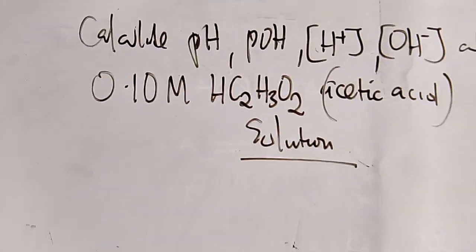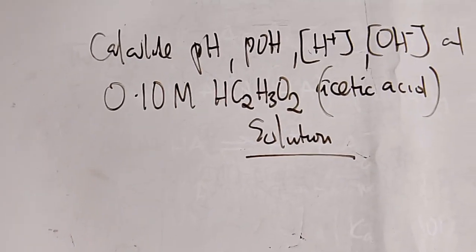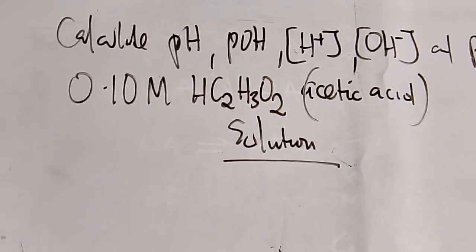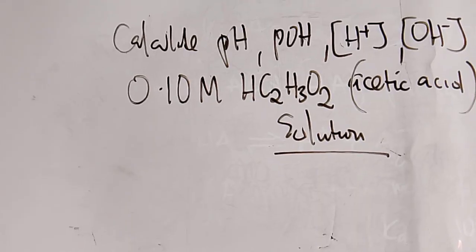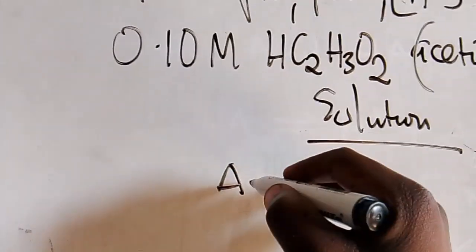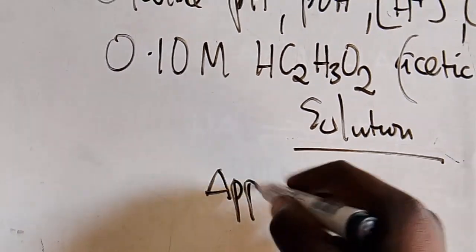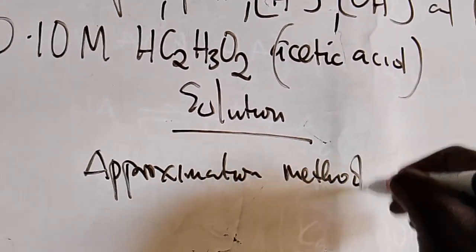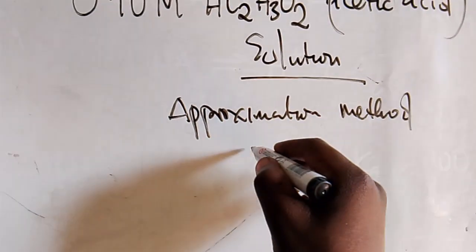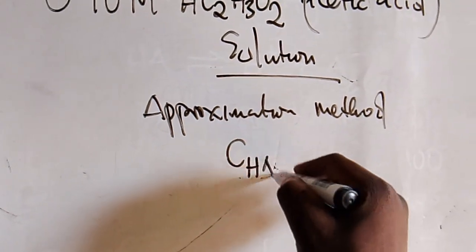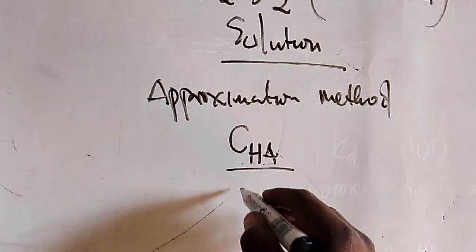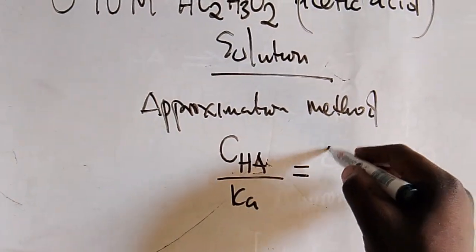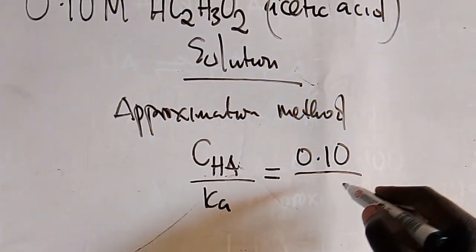So first of all, we need to check if the approximation method is valid or not. So we take the concentration of the acid, 0.1, over Ka.